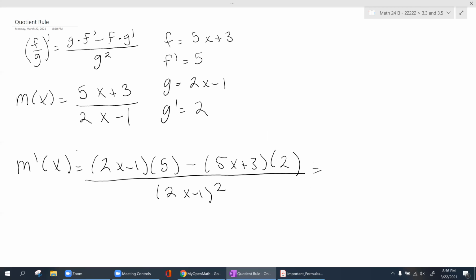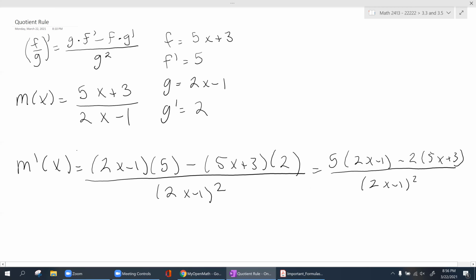So the top, I'm going to simplify by distributing this 5 into there. Well, let me rewrite this so we can see it. In other words, this is 5 times 2x minus 1 minus 2 times 5x plus 3, all over 2x minus 1 squared. What I'm going to do to the numerator is distribute this in there and then these into there.